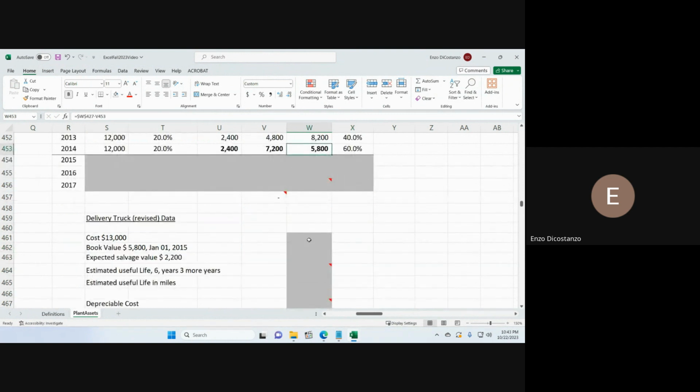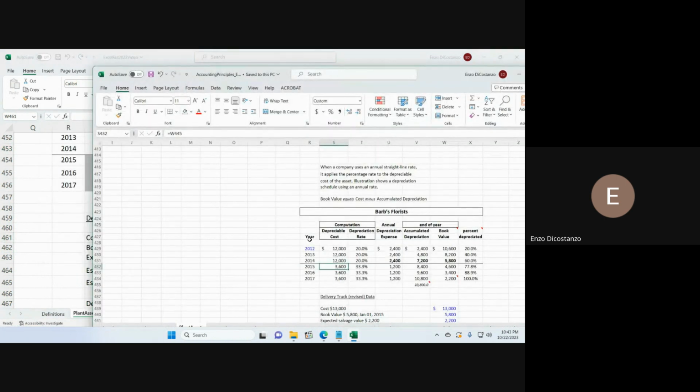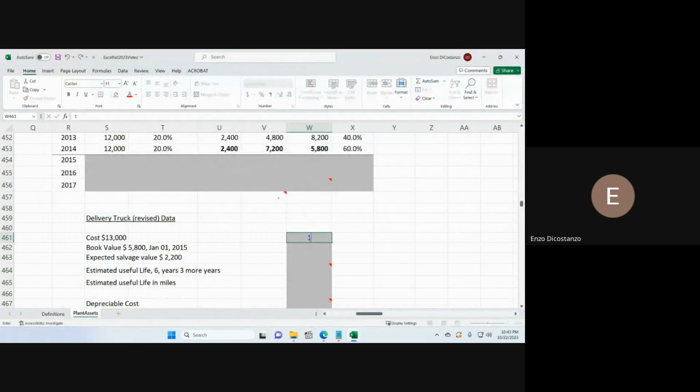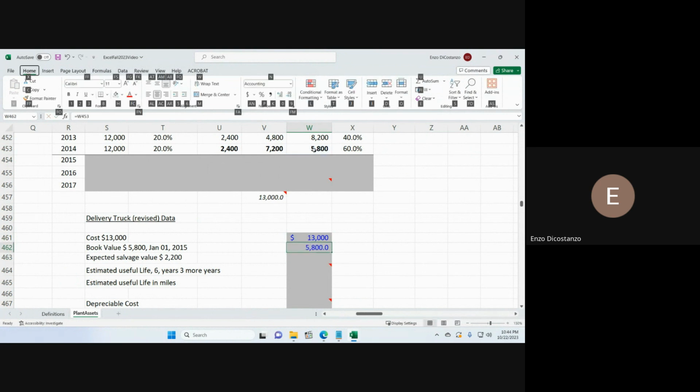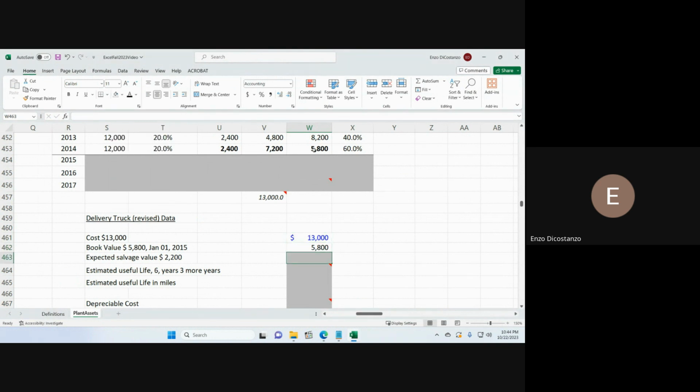But the next piece of this is the revised. It's not that 13,000 anymore. Well, here you can start with the 13,000. The new book at that particular date is 58, and the salvage is 2,200, which is there. We have 3 more years.